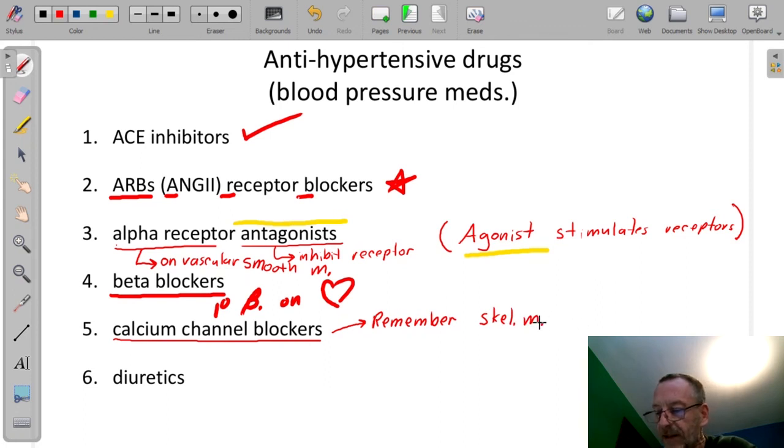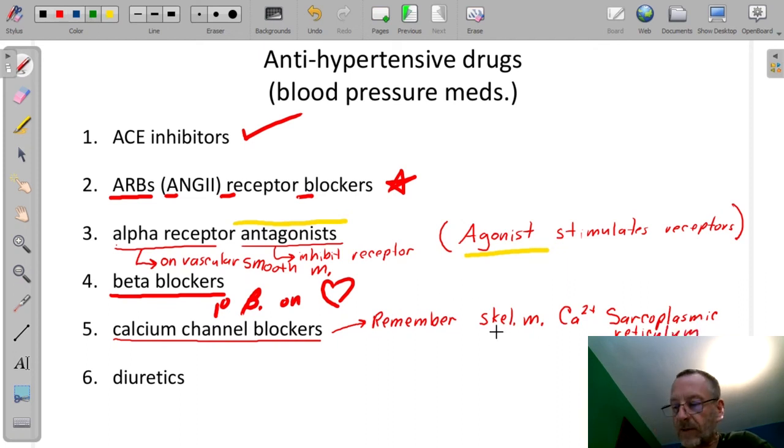In skeletal muscle, the calcium is all sequestered in the sarcoplasmic reticulum, the SR, inside the cell. So that is for skeletal muscle. It's all inside the SR.